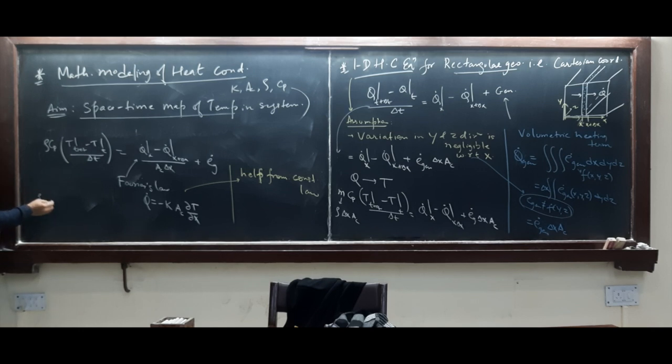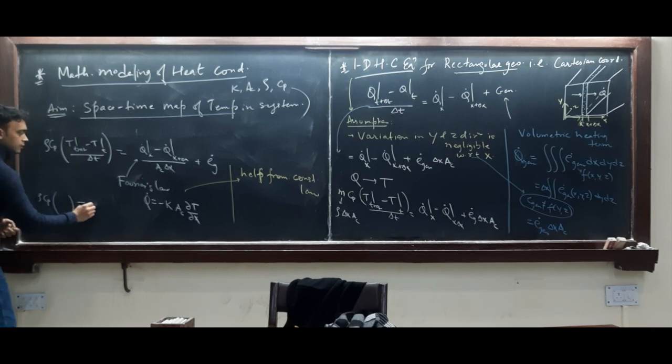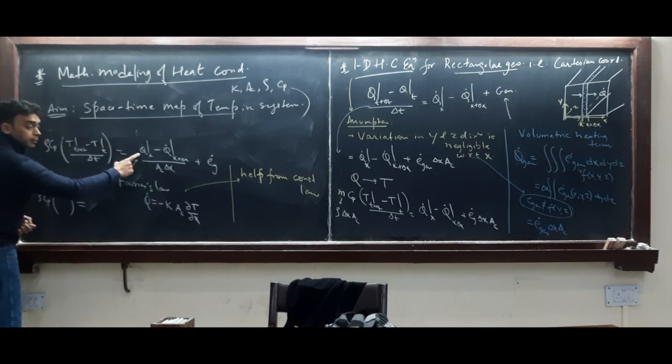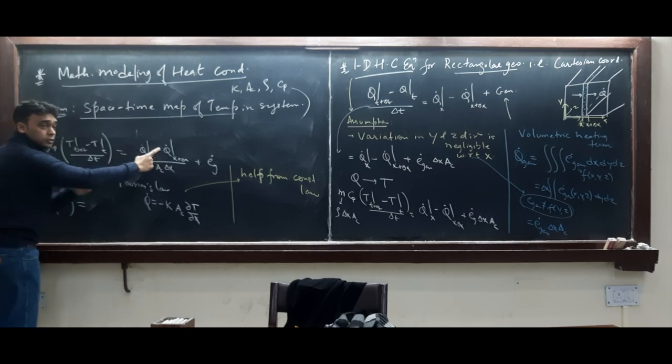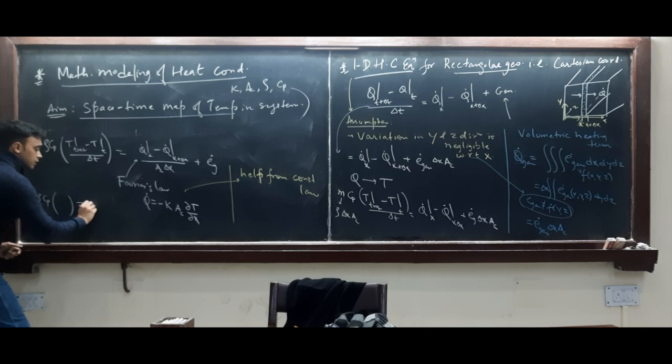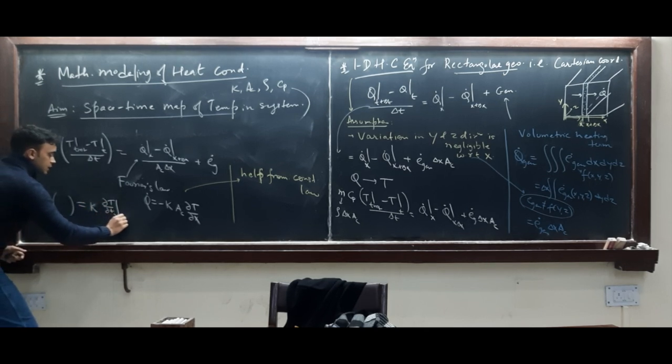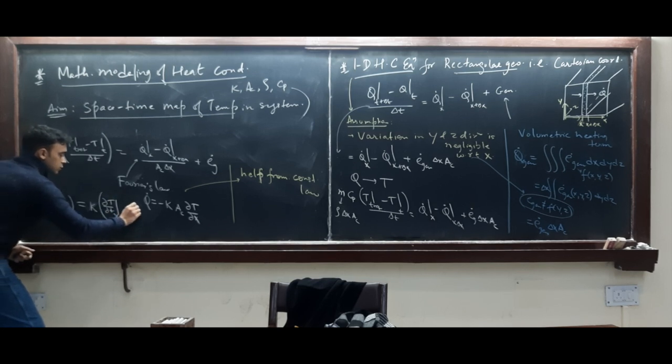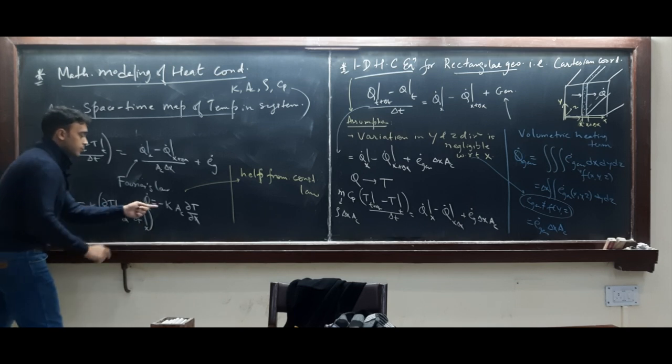So what you have is rho C_p, the same thing, I'm not going to write it. And then you have minus, so this minus will come here. This will become plus. So can I exchange them? So have k times dou T by dou x at x plus delta x minus dou T by dou x at x. I've exchanged them because of the minus sign.